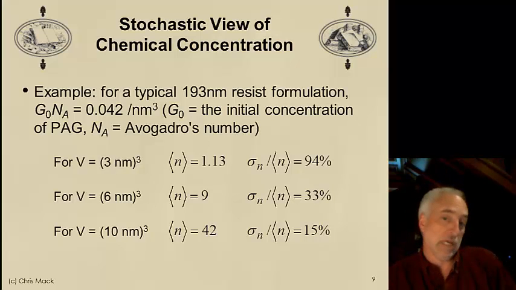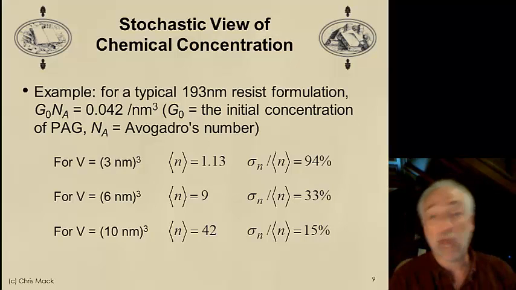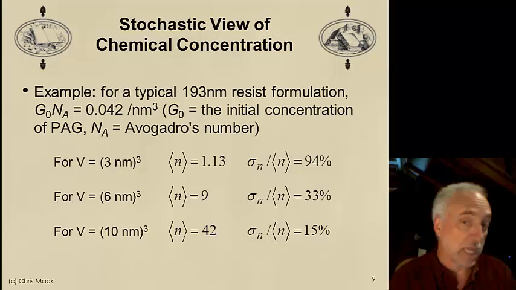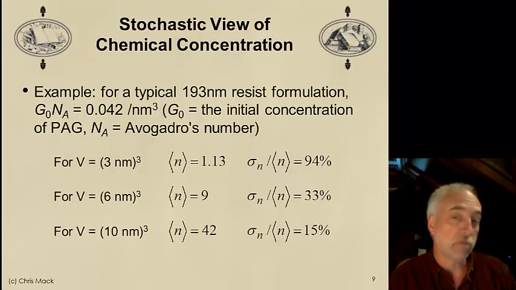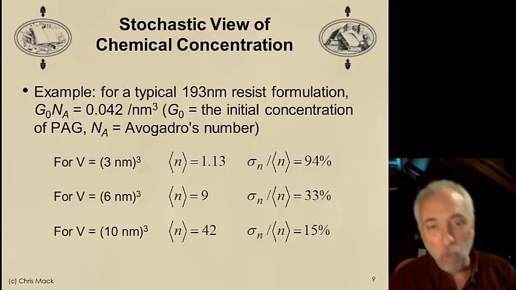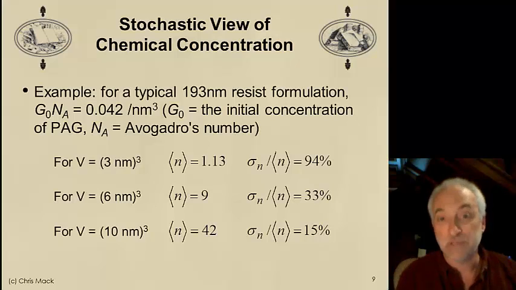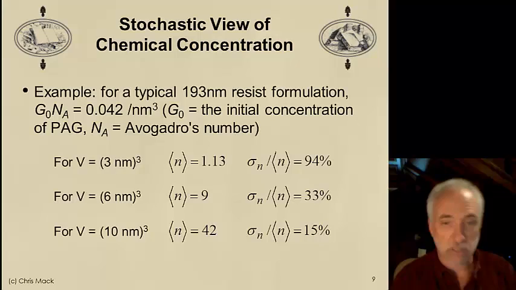Very frequently we'll have 12, or even, it's not unusual to have even 15 PAGs in one volume, whereas another volume might have 6 or 5 or 4 even. This is the stochastic noise. It doesn't come from any phenomenon other than randomness, the random positions of these PAG molecules within the photoresist matrix.